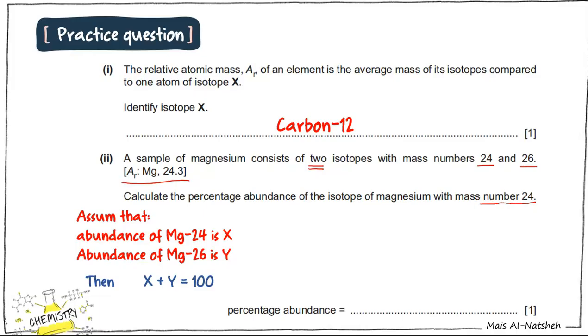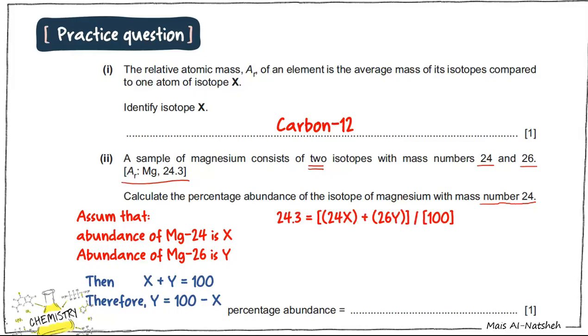So you can rearrange this equation to say that Y equals 100 minus X. Keep this equation, we will use it later on. Now back to the rule we used before: the relative atomic mass equals the mass of each isotope times its abundance, for all isotopes, divided over the total abundances.